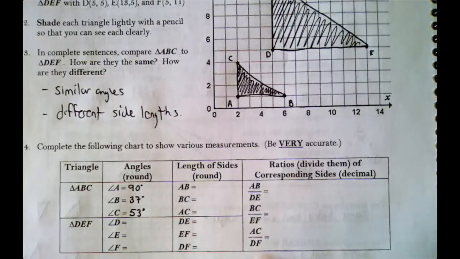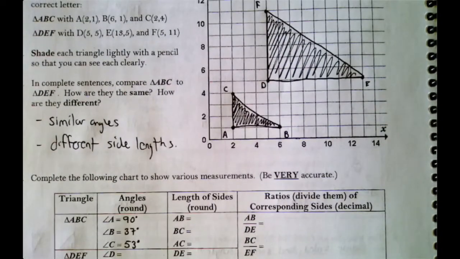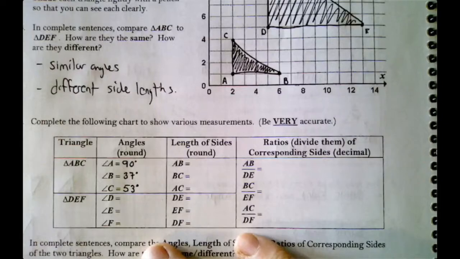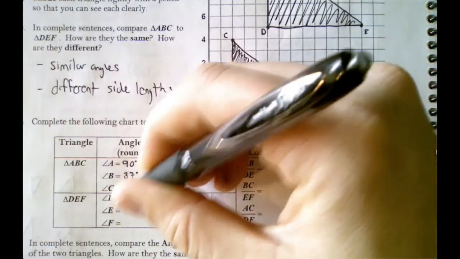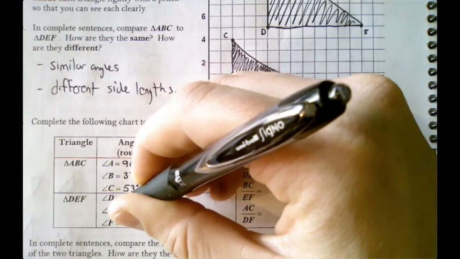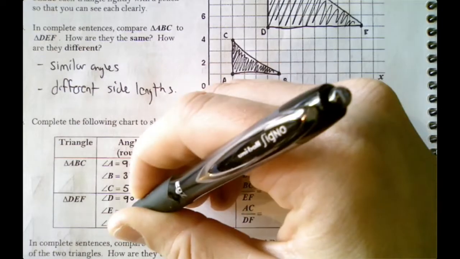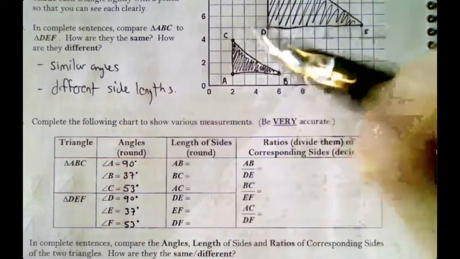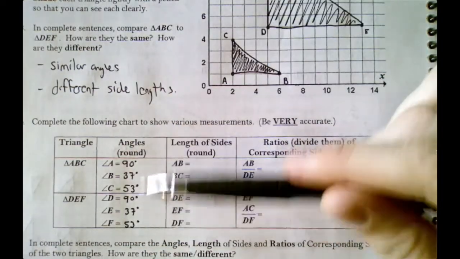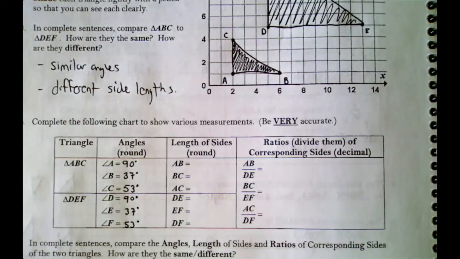Now what's neat is when I went to measure angles D, F, and E, I got the same numbers: 90 degrees, 37 degrees, and 53 degrees. So it checks out that the angles are the same. So now we know that these are similar triangles because the angles are the same.